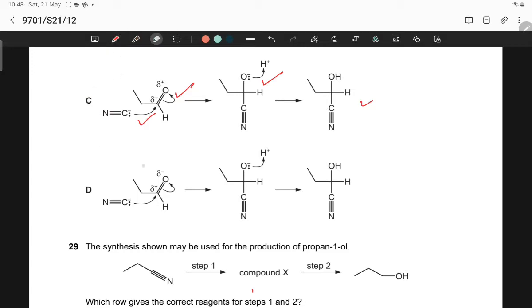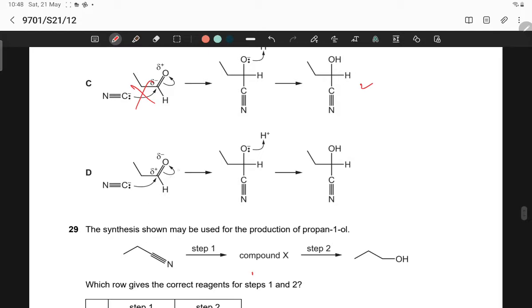This is incorrect, so C is also incorrect, because the charge is incorrect in C. In D, the arrow is correct, the charge is correct, the arrow is correct. So this D option is correct.